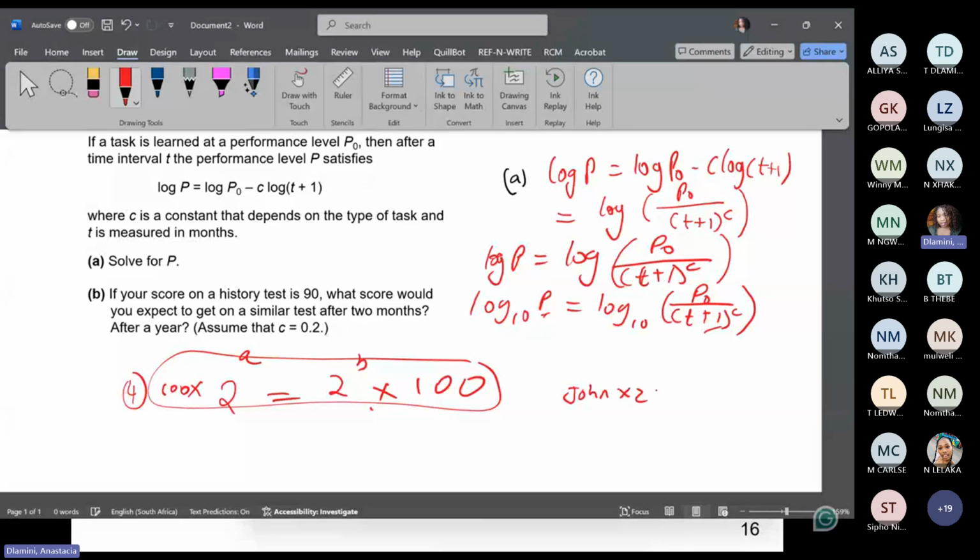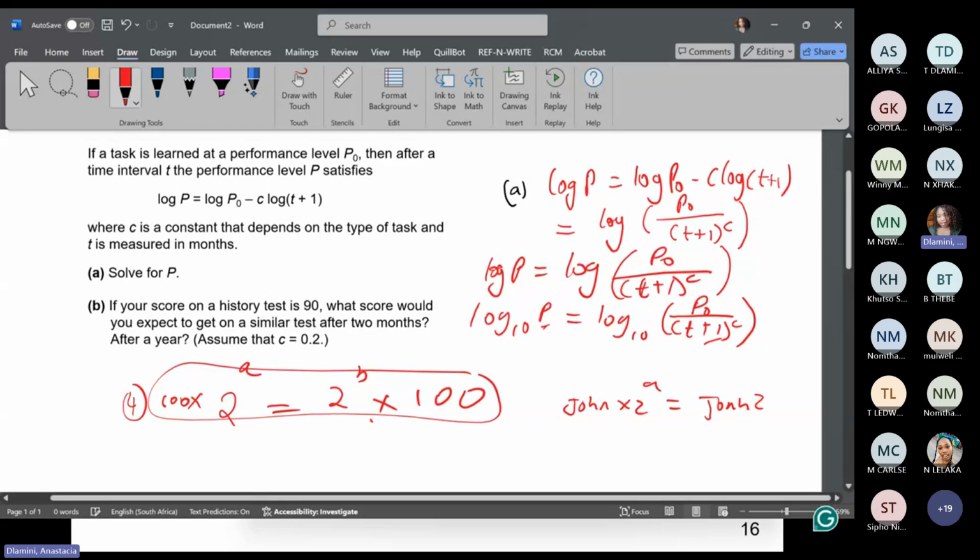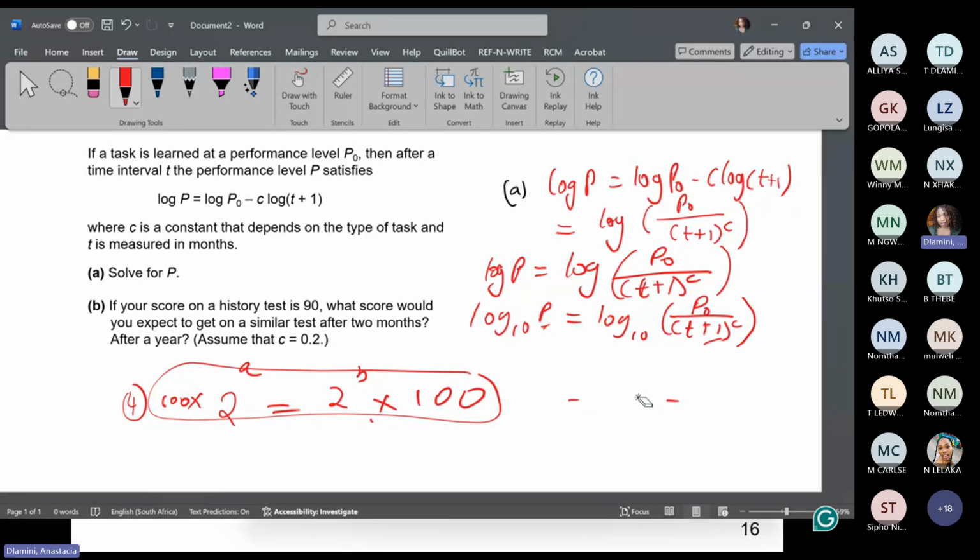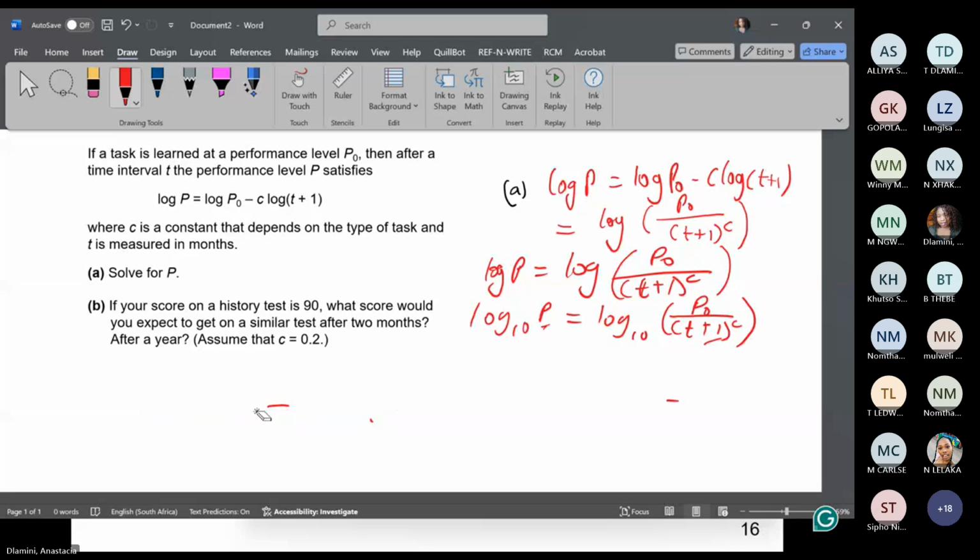Or multiply this side times 2 to the power of a, and this side as well times 2 to the power of b. The answer will be true, because what you do on your left, you do on the right, and that's maths. So because I know that particular law, that if I have a and then log of base a x, then because this and this are the same, that's the answer.